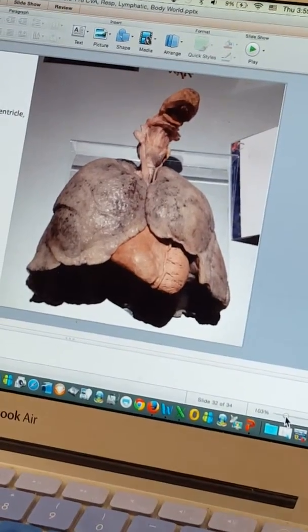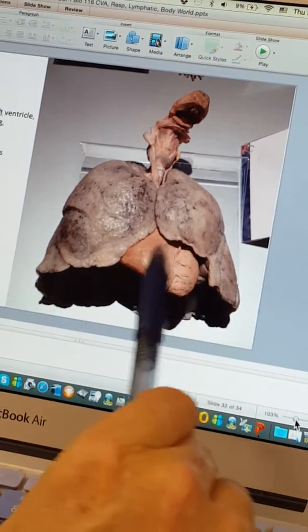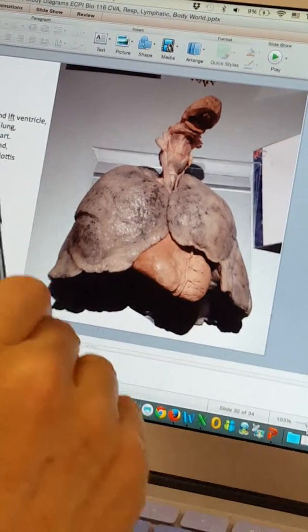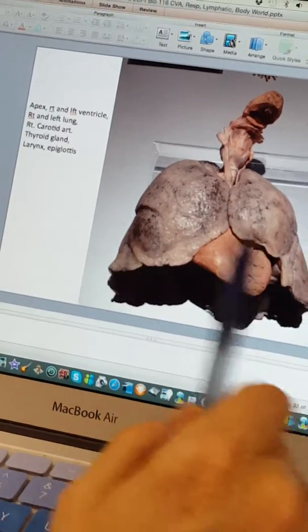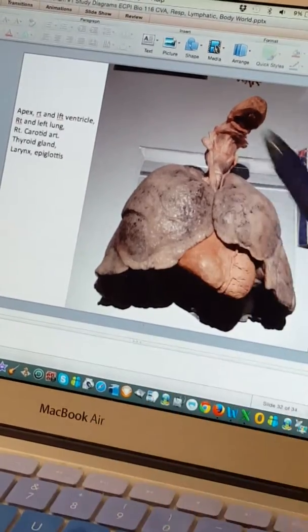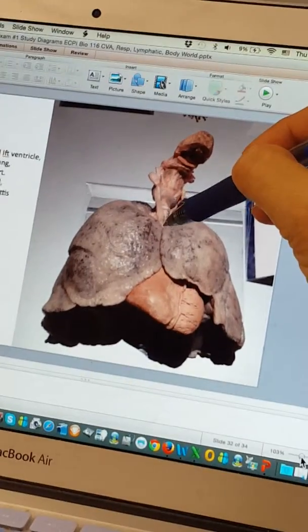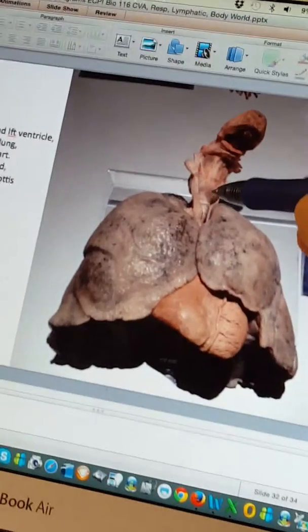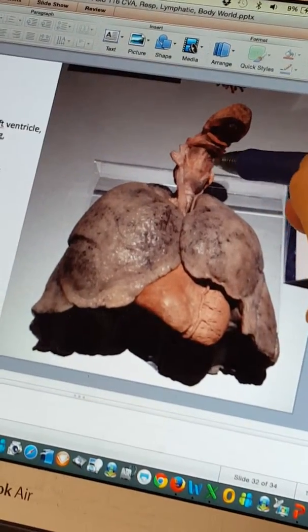Okay, so apex of the heart, right and left ventricle, right and left lungs. Actually, I can add here superior lobe, middle lobe, inferior lobe. But right and left lung, all right? Right here, that is the right carotid artery going up. This right here is the thyroid gland, and this right there is the larynx.